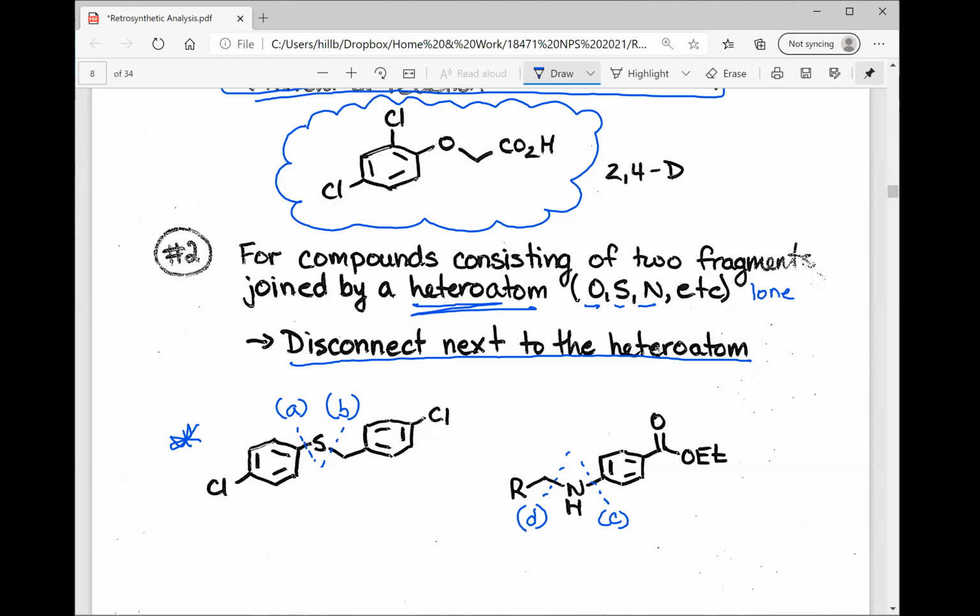So the side with the oxygen, the sulfur, or the nitrogen is going to be the donor, and the other side is going to be the acceptor. So we're going to have O minus, S minus, or N minus as our theoretical, or idealized, reagent.